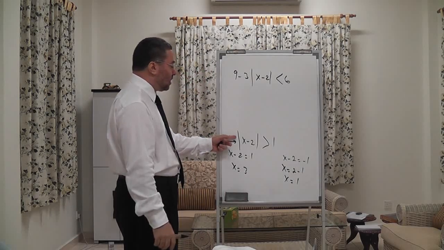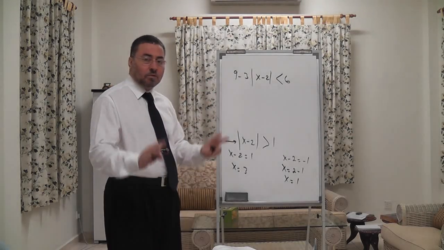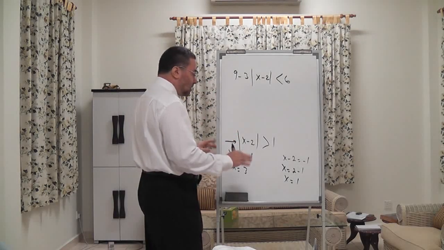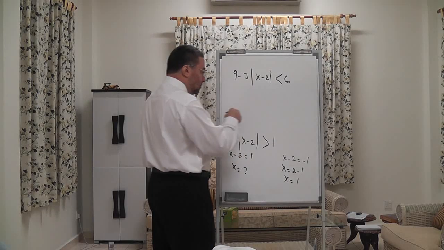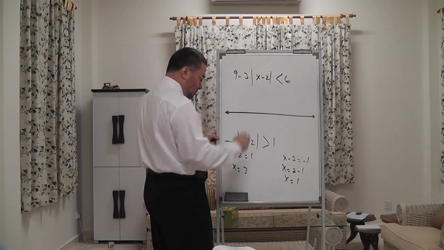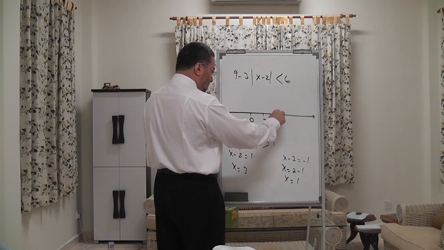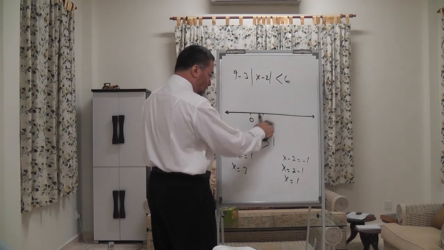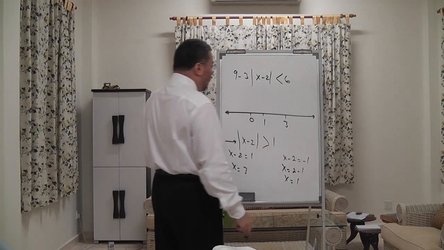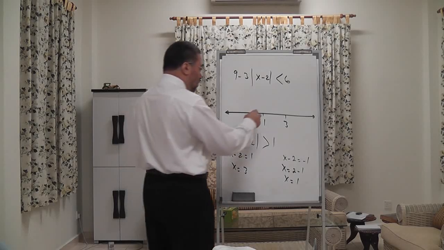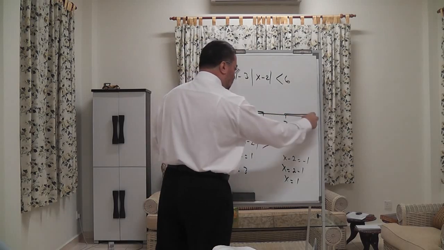You can see that this inequality is completely different than this inequality in the way it looks, but they are the same, in the sense that the solution for this will be the solution for this. Our solution is outside the roots, so it will be smaller than the smaller, larger than the larger.